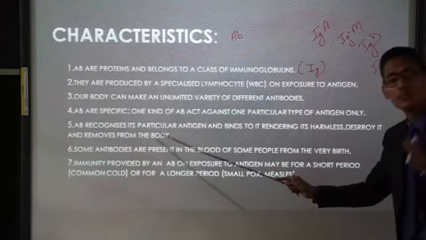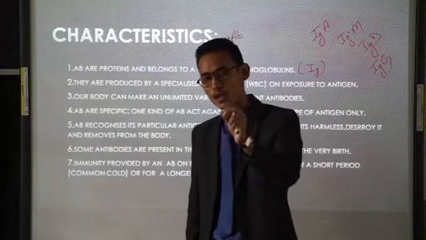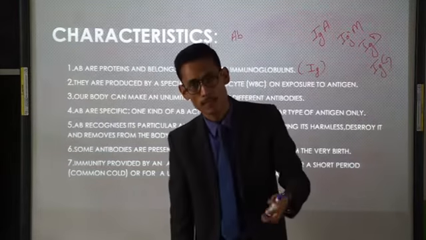Immunity provided by an antibody on exposure to an antigen may be for a short period. That means whenever antibodies are produced in our body on exposure to antigens, that immunity can last for a short period of time. For example, in case of common cold, the immunity provided by the formation of antibodies will last for a short period of time.